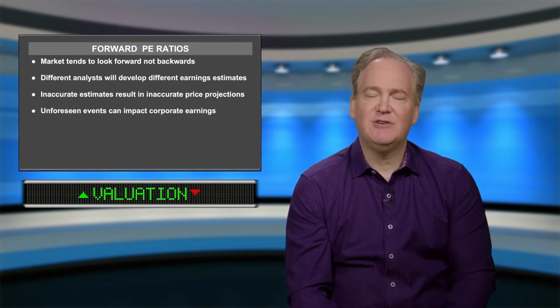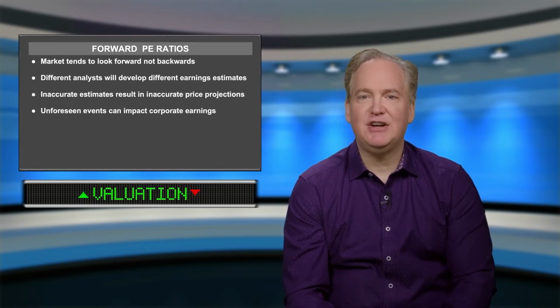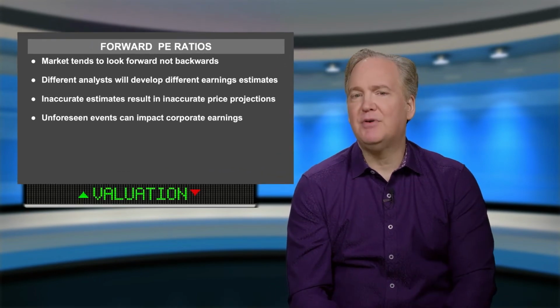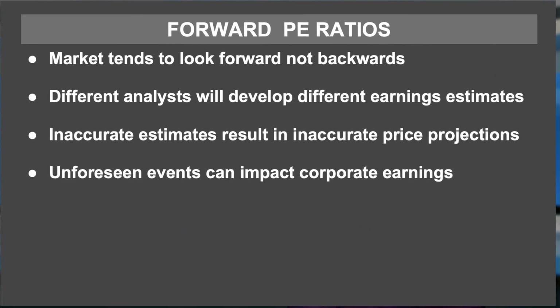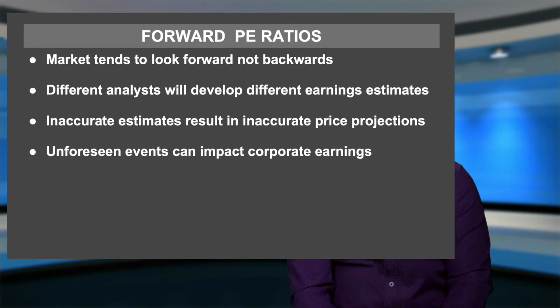It's very difficult to predict the future, and different analysts looking at the same company could come up with vastly different estimates. So it's hard to come up with an accurate estimate for the earnings, and therefore forward PE ratios could be somewhat off given the different estimates from analysts, and unforeseen events could preclude the corporation from meeting those estimates.